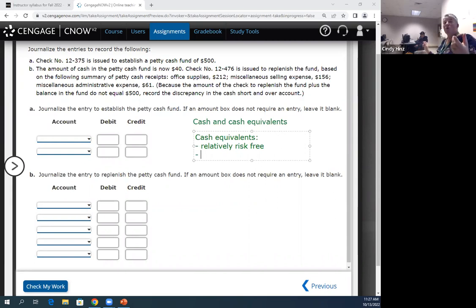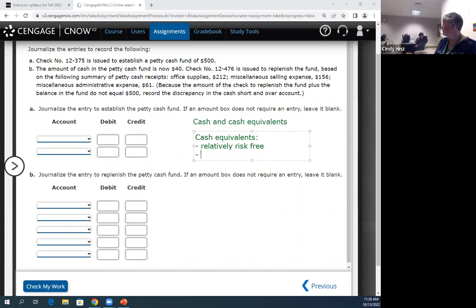You couldn't invest in corporate bonds and consider that relatively risk-free because the prices are subject to fluctuation based on changing interest rates. So it has to be relatively risk-free to be considered a cash equivalent. That means it needs to be maybe a CD, a money market in the bank that is guaranteed, protected by the FDIC insurance or whatever.